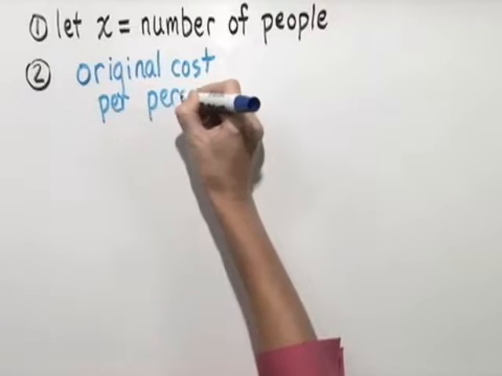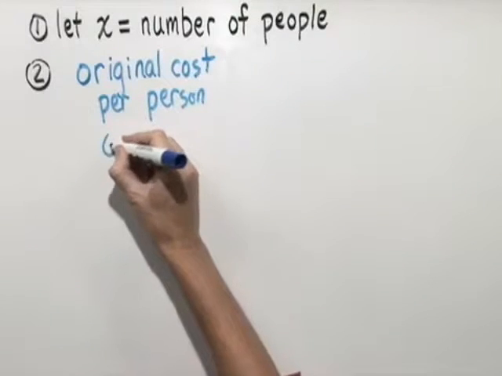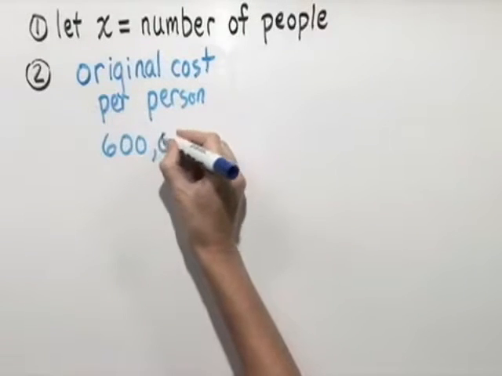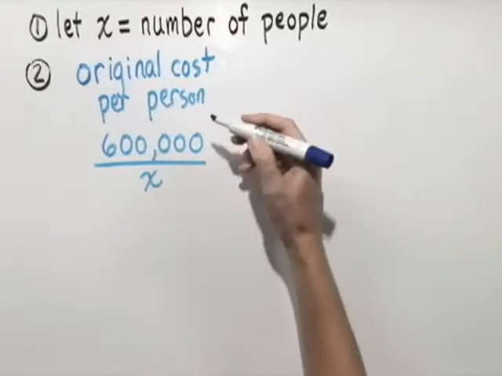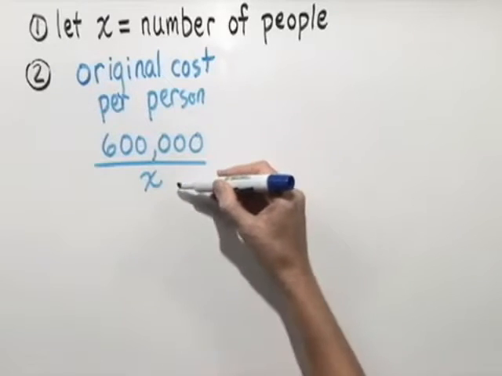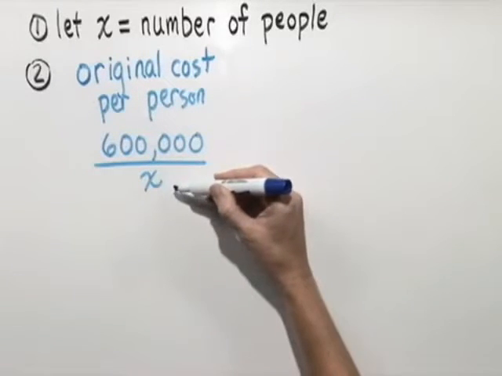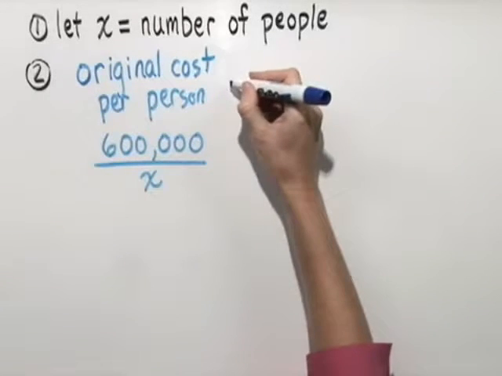Well, we know that the original cost for the vacation cabin is $600,000. And we know there are X people in the group. So the original cost per person should be that total cost of the cabin divided by the number of people. We also know that there's going to be a reduction per person.